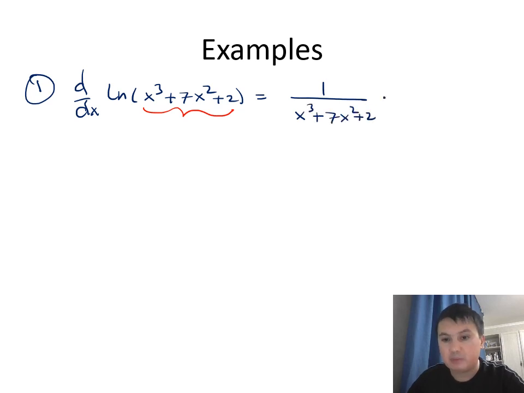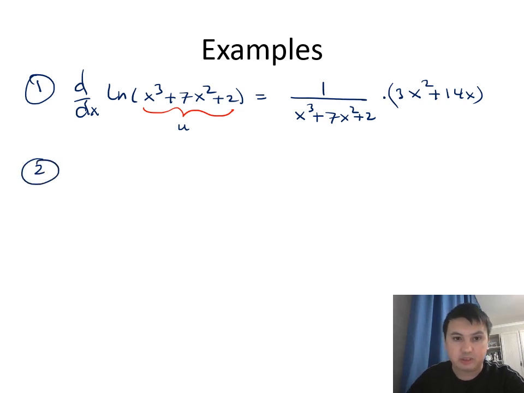And then I need to multiply by the derivative of u, u prime. So take the derivative of the inside. We'll get 3x squared plus 14x.